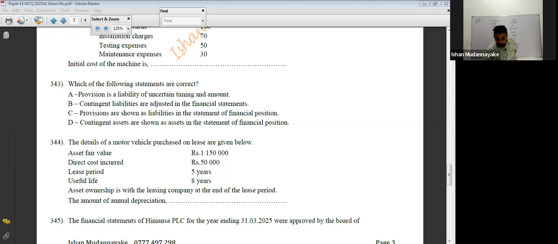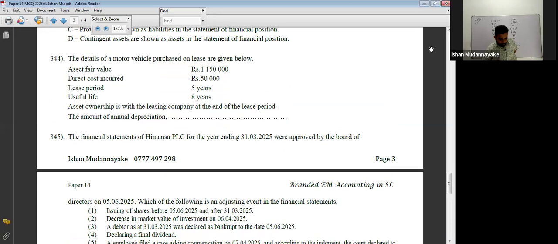Right. Question number 344. What's the answer? The details of a motor vehicle purchased on lease are given below. Asset's fair value 1,150,000. Direct cost incurred 50,000. Lease period 5 years.